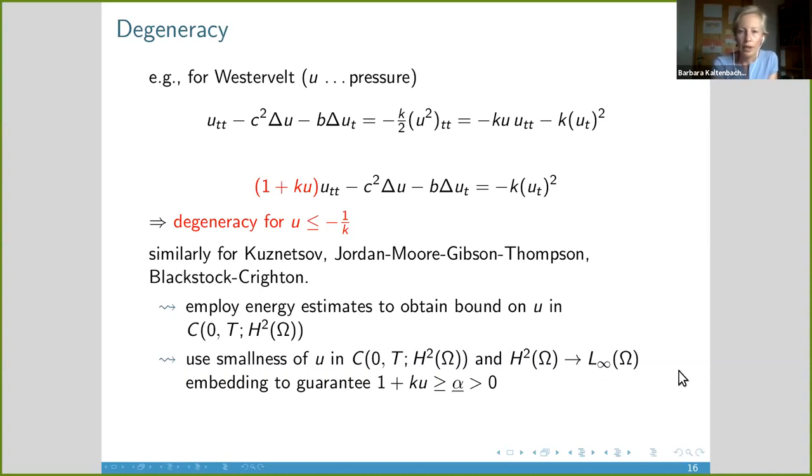So this was our initial approach. There are much refined approaches meanwhile, doing this in Lp spaces and also using interpolation, so in order not to have to use this full H2 and so on and so forth. But that's the basic strategy in order to avoid degeneracy here. And since it's u itself that appears in here, one has to bootstrap this non-degeneracy by some kind of fixed point argument.